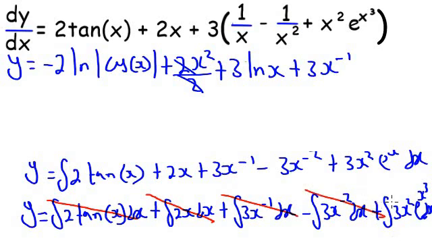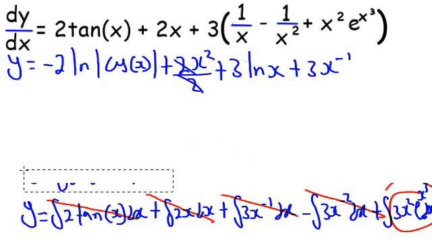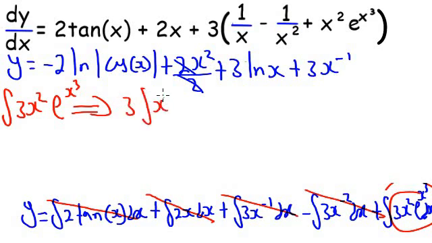Now, on to the last term, which is this. Well, let me try and create more space by getting rid of this one. So what is the integral of 3x squared e to the power of x cubed? Since 3 is constant, as we have been doing earlier, let's bring it to the front. So this will imply 3 integral of x squared e to the power of x cubed. So what do you think we can do to evaluate this integral?